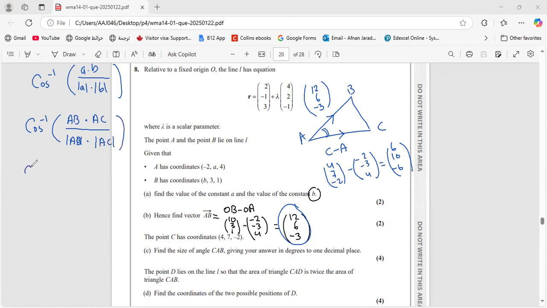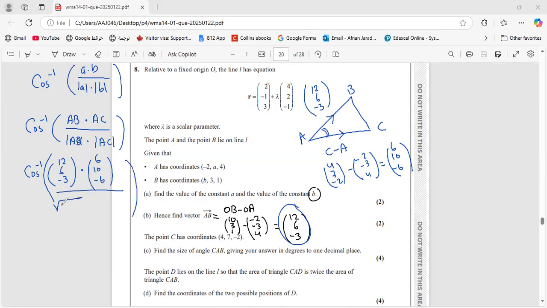So cosine inverse of AB, which equals (12, 6, -3), multiplied by AC, which equals (6, 10, -6), divided by the magnitudes.